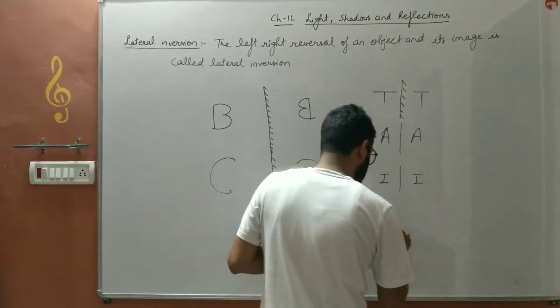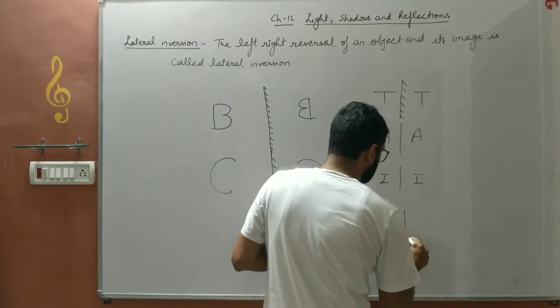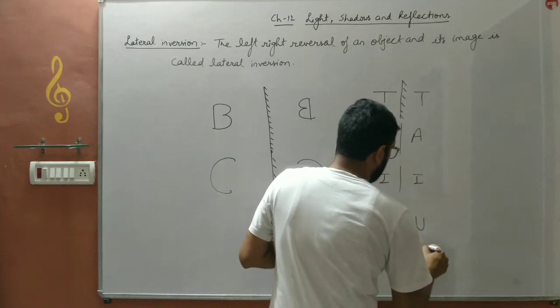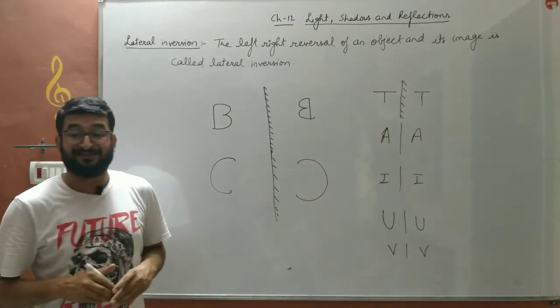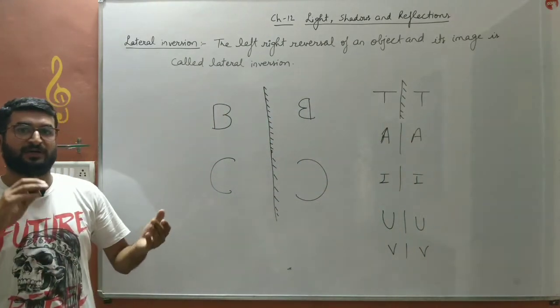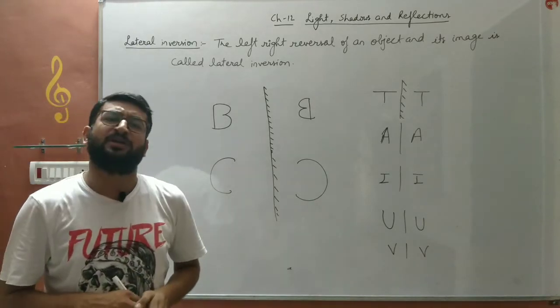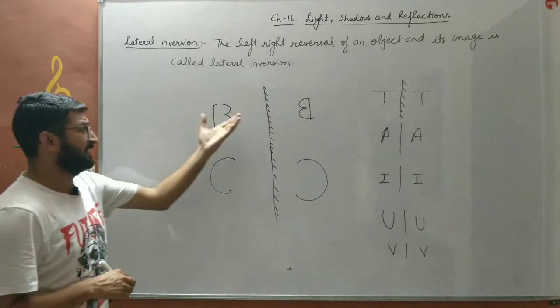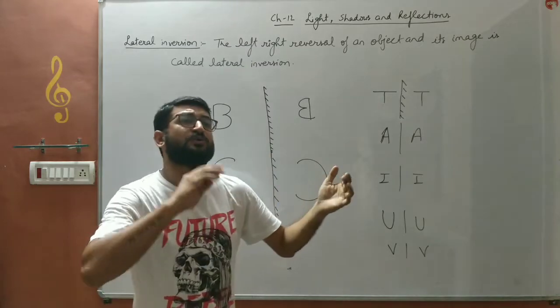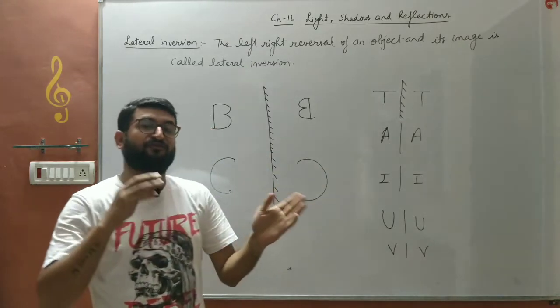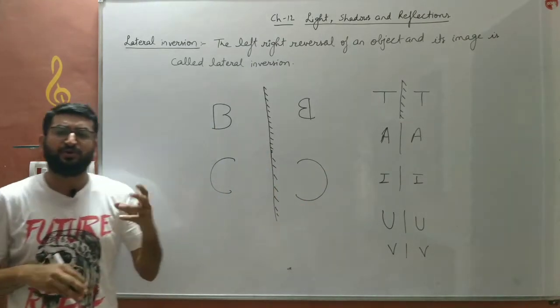So these are the certain alphabets which do not undergo lateral inversion during image formation. Otherwise, usually the letters change, get left-right inverted, and appear inverted.